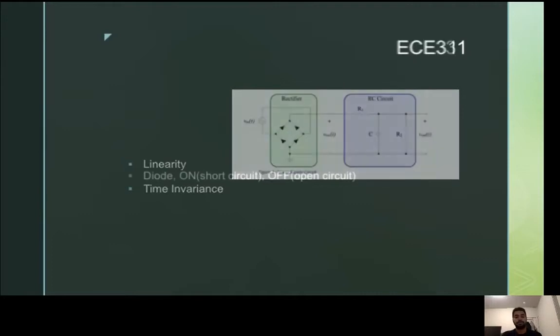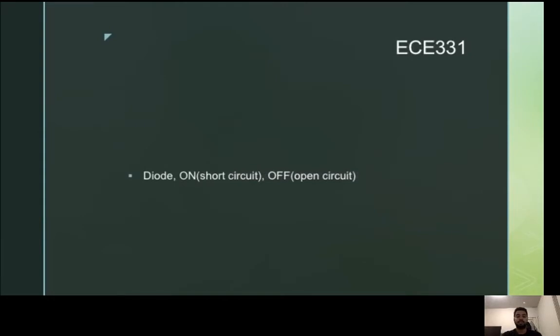Okay, let's go to ECE 331, which is electronics. When we look at the previous circuit from the ECE 331 aspect, we look at the diode. A diode is made of semiconductors, and we basically learned about diodes in ECE 331.